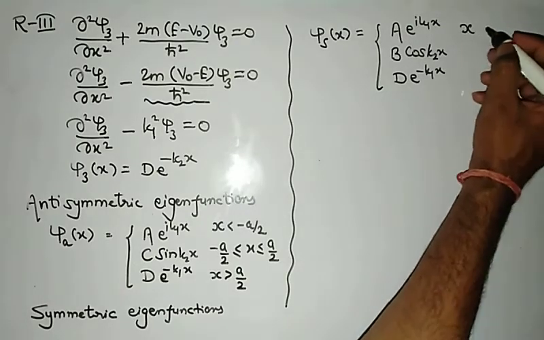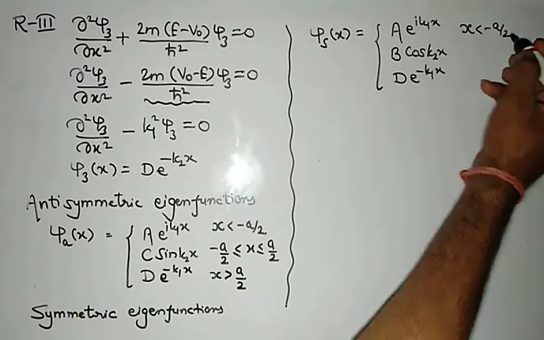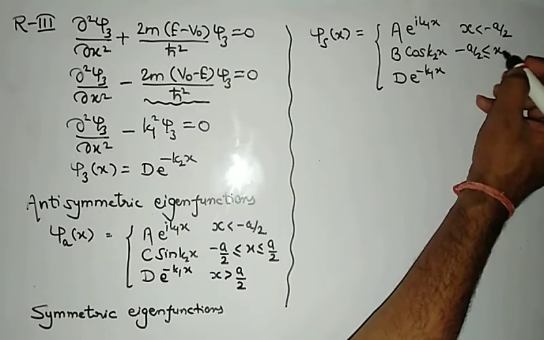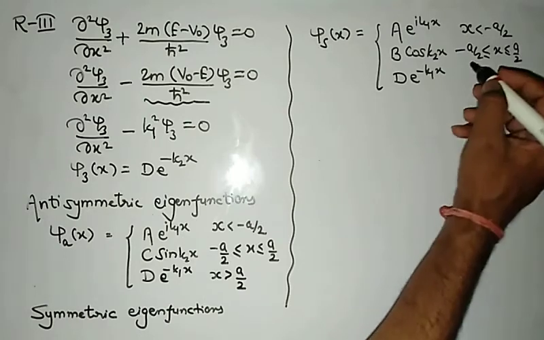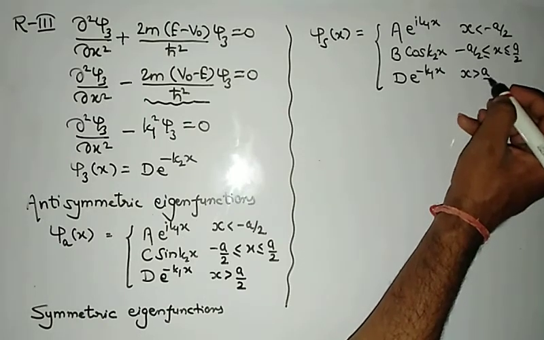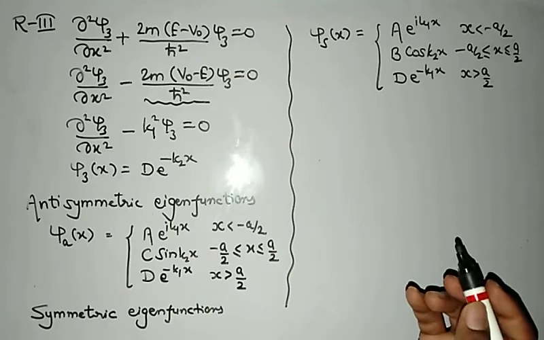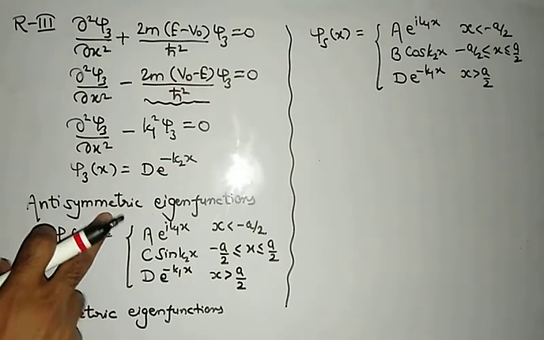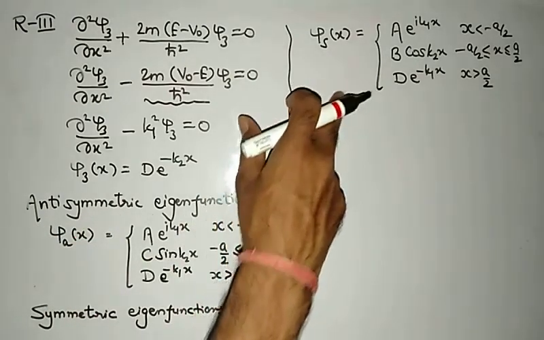This is for less than minus a by 2, this is for minus a by 2 to a by 2, and this is for greater than a by 2. So we have the antisymmetric wave function and also the symmetric.